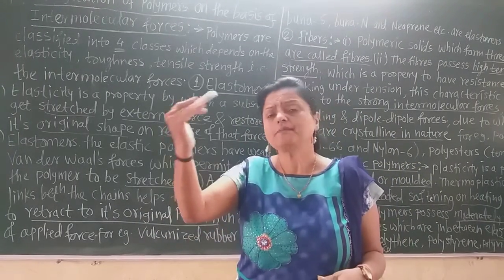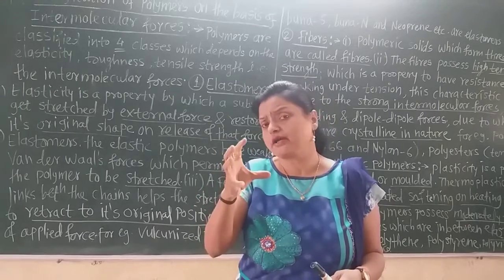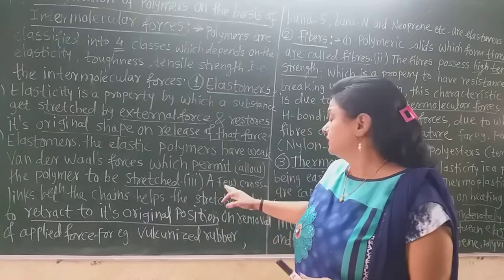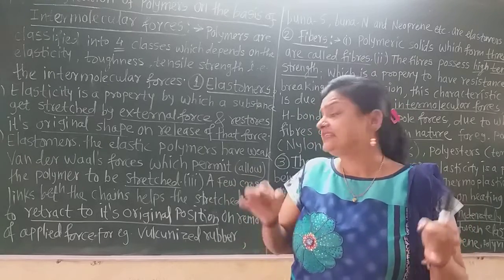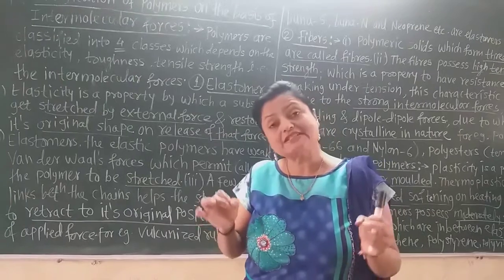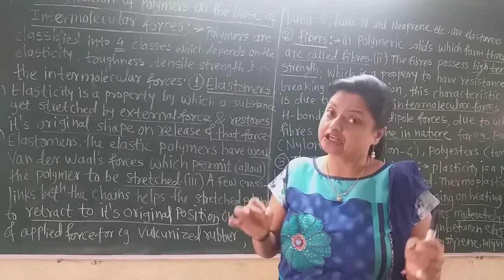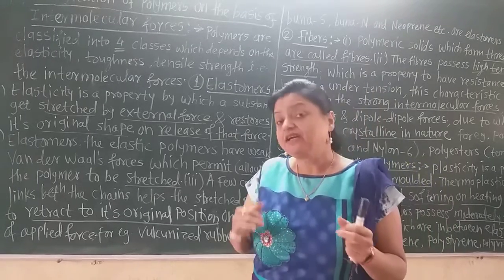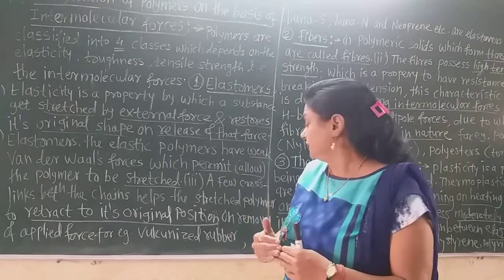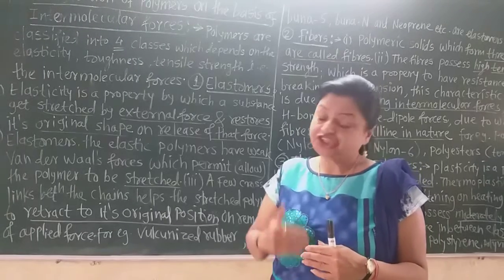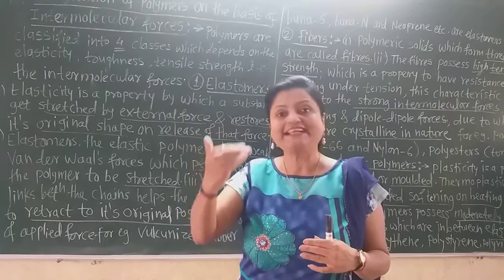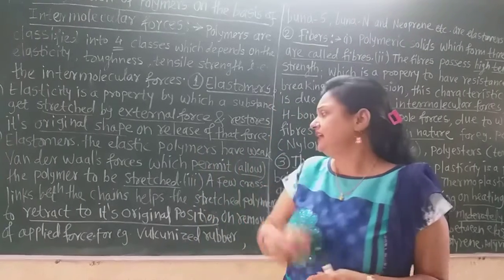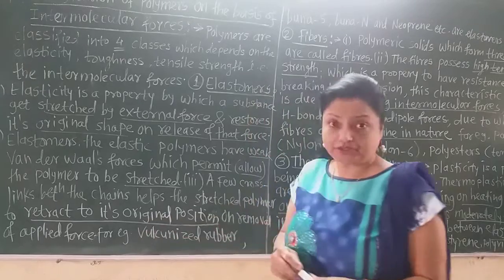Retract means it comes again to the original position, that is, it compresses. When a few cross links are present in these elastic polymers, it helps the stretched polymer to retract to its original shape or position.